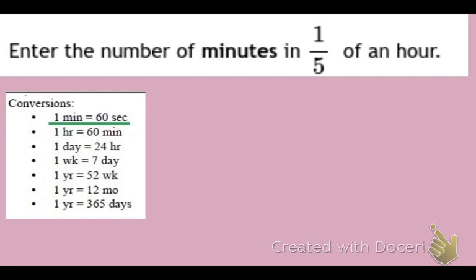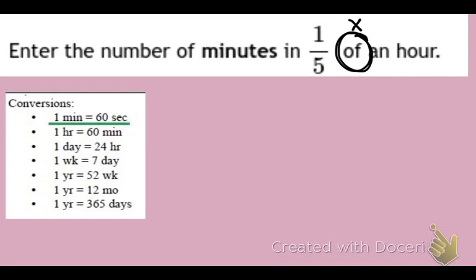All right, so we're going to try one of these, and then you're going to try one on your own. All right, enter the number of minutes in 1/5 of an hour. How do we go about doing this? So 1/5 in math, when you see that word of, that means times.